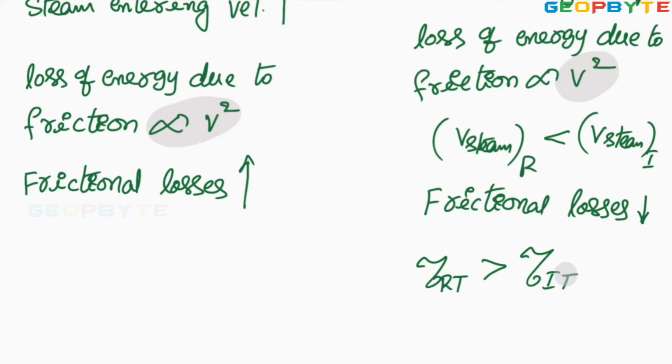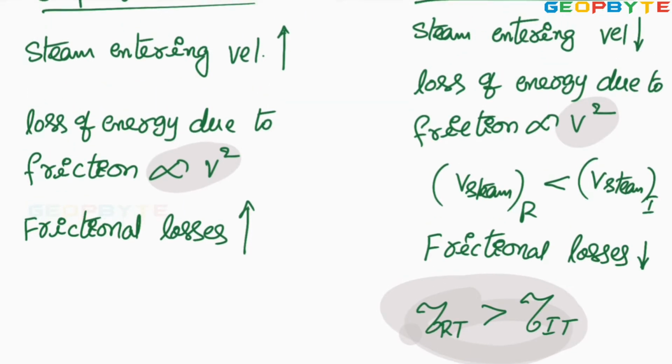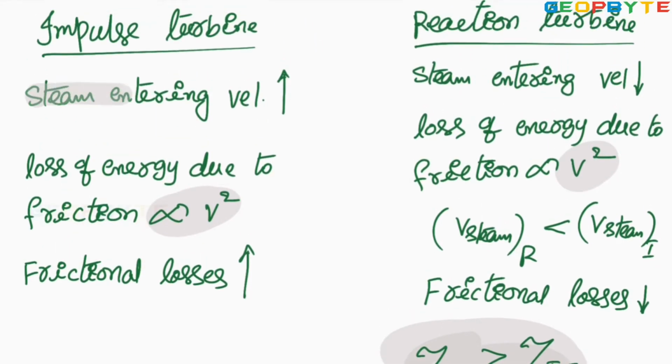Dear friends, remember this information is true not only for steam turbines but also for water type impulse turbines and reaction turbines. But for water turbines, instead of steam, water is entering the impulse turbine and the reaction turbine. That is the reason practically the Francis turbines maintain better efficiency than the Pelton wheel.